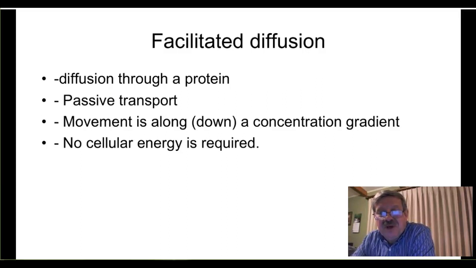Another form of passive movement of materials into and out of the cell, besides the diffusion that we've already talked about and the osmosis that we talked about, is facilitated diffusion. Facilitated diffusion is a diffusion through a protein. So it is diffusion. It is movement down or along a concentration gradient. So it is a form of passive transport. The cell does not have to do any work to cause this to happen.